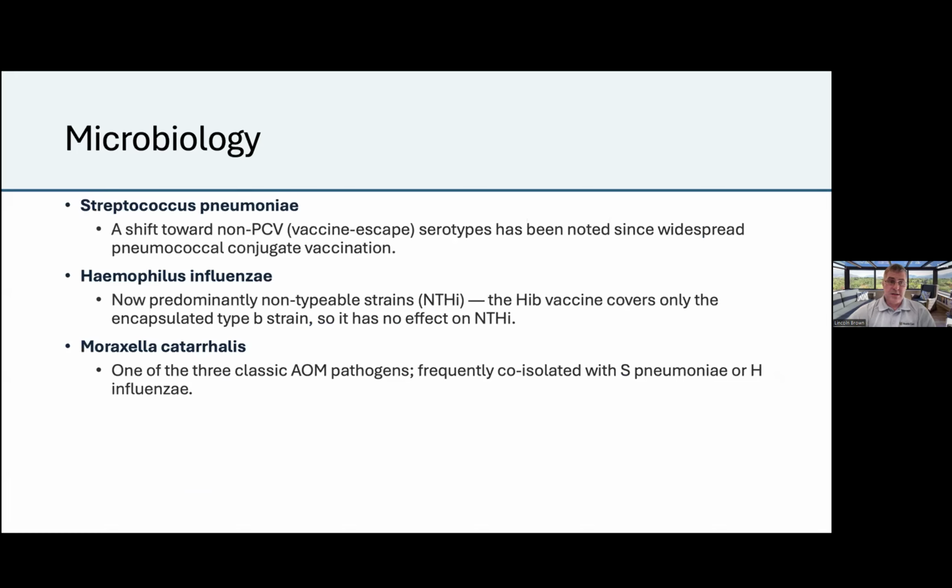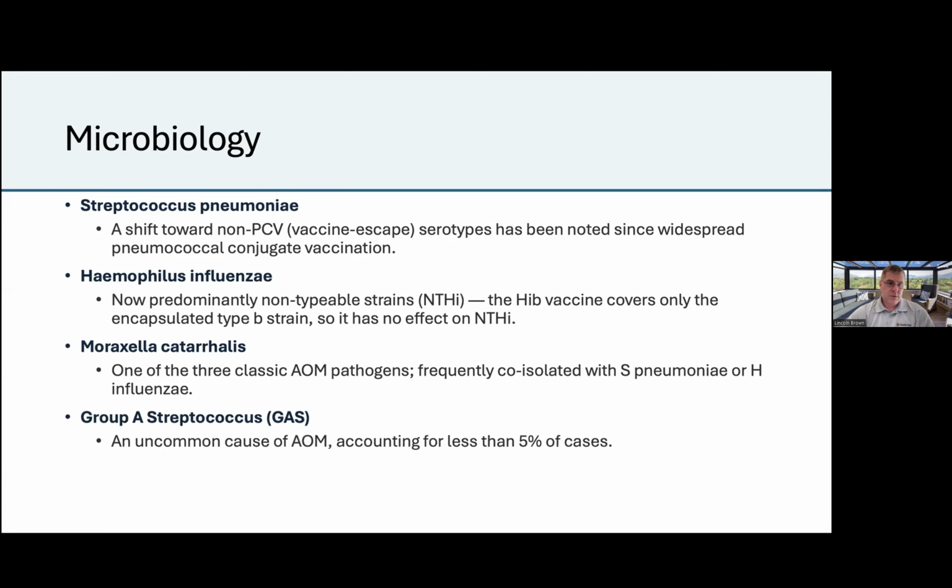For us in the United States, Streptococcus pneumoniae is number 1, Haemophilus number 2, Moraxella number 3. We have seen a little bit of a shift with the introduction of PCV vaccines. We'll touch on that more on the next slide. Group A strep is an uncommon cause, less than 5%.